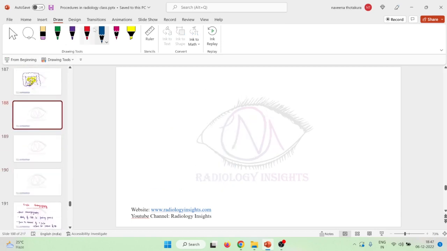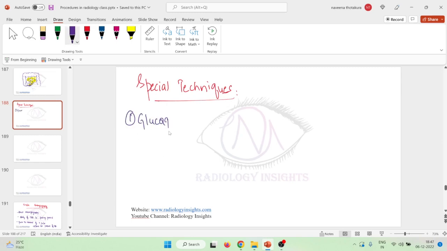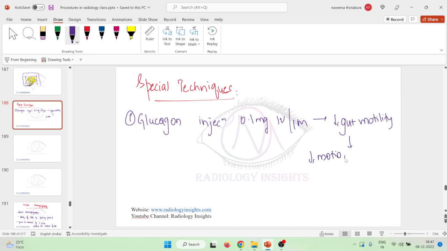To make sure that the contrast agent demarcates the anatomy properly, we can use some special techniques. One, we can use a glucagon injection, 0.1 milligrams IV or IM. This reduces gut motility, and because it reduces gut motility, it also decreases the formation of motion artifacts.